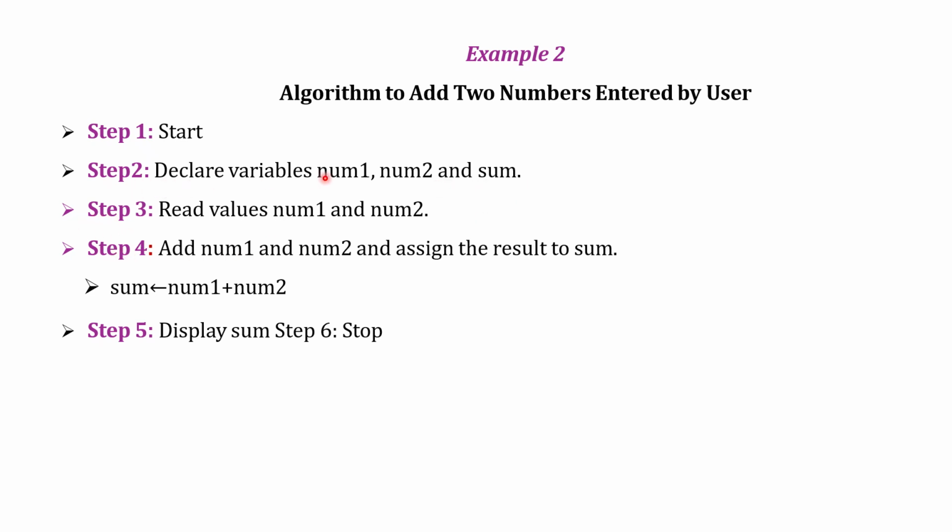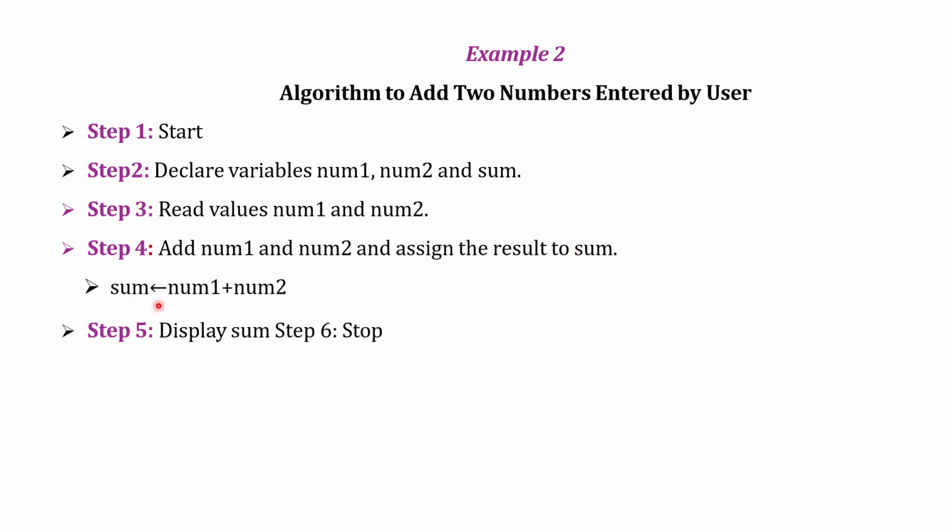So initially we are declaring the variables, then you get the input. The next step is read the values for num1 and num2. So getting the numbers. Once the numbers are with us, we can add. So step 4 is adding the numbers and saving that result into the variable sum.